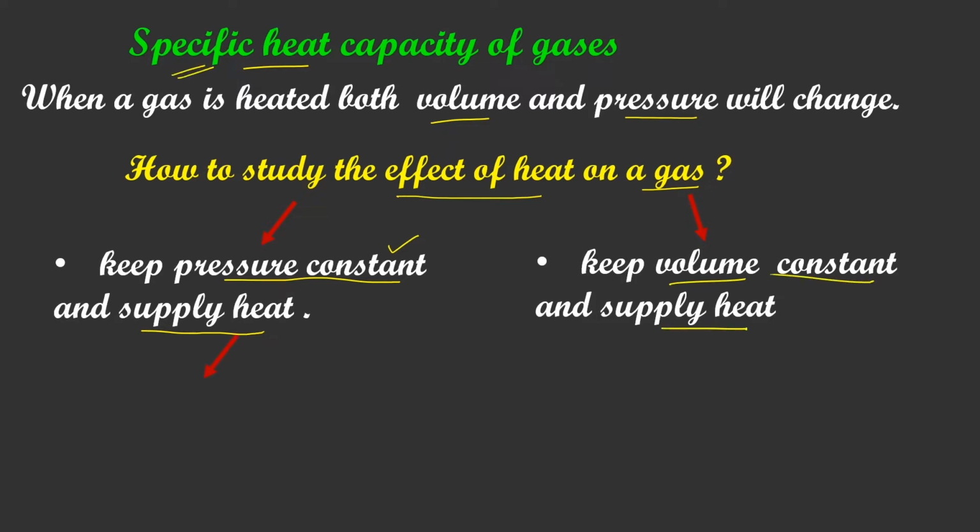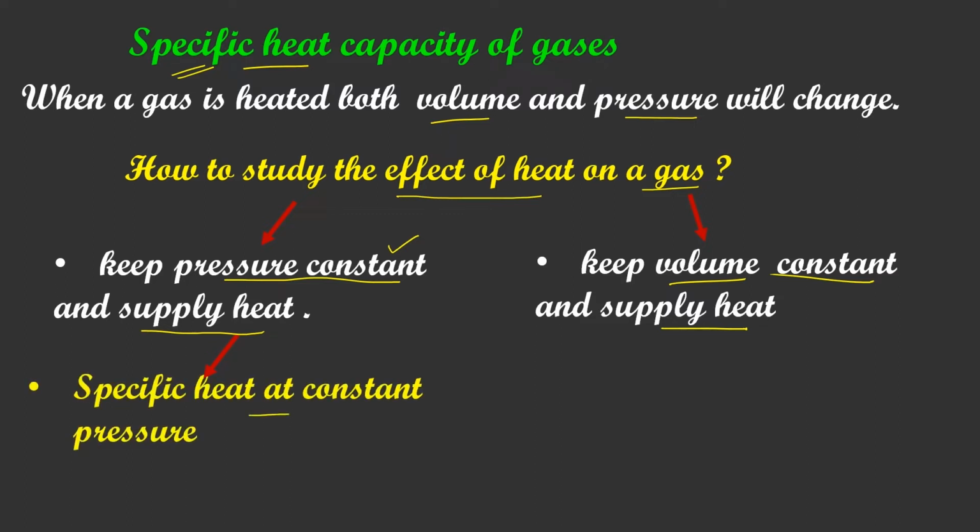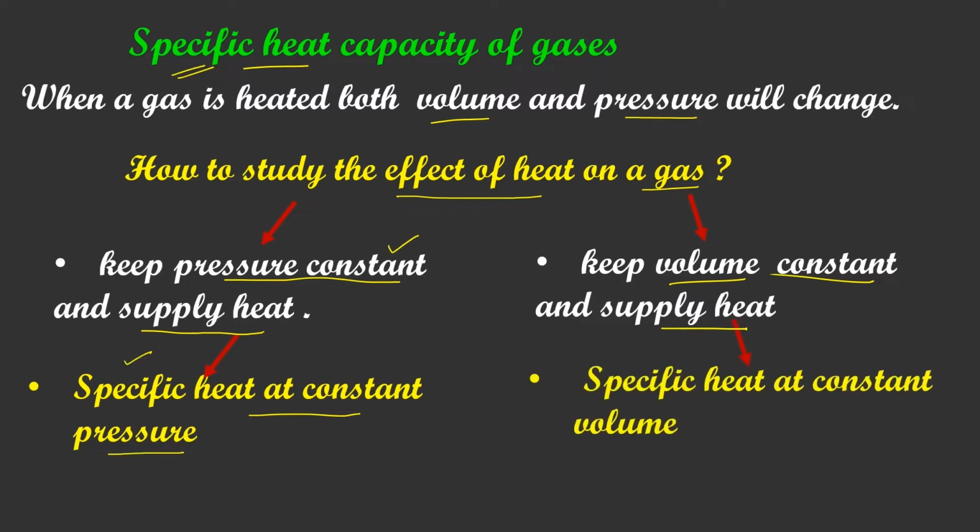Specific heat capacity determined at constant pressure is called specific heat capacity at constant pressure. Specific heat capacity determined at constant volume is called specific heat capacity at constant volume. So gases have two specific heats. In both cases, the unit is the same.